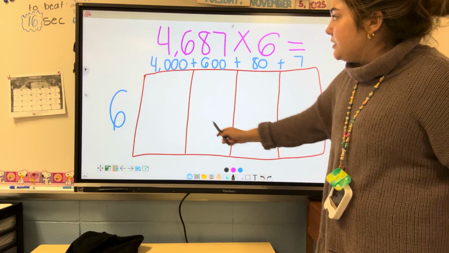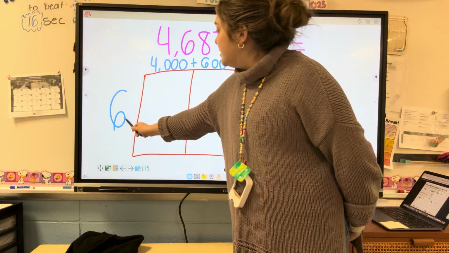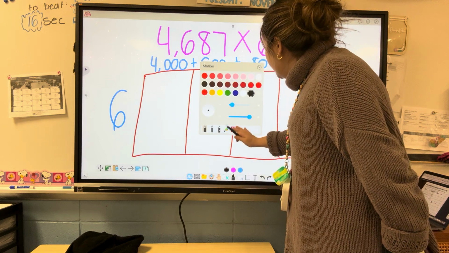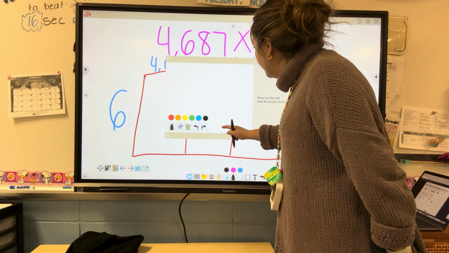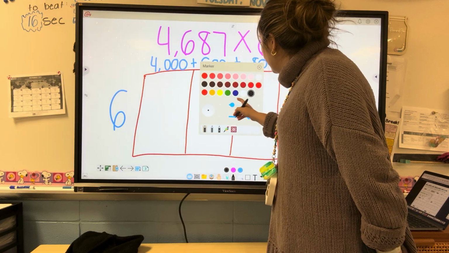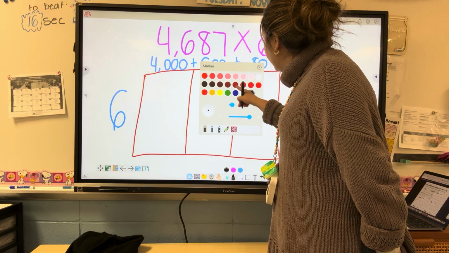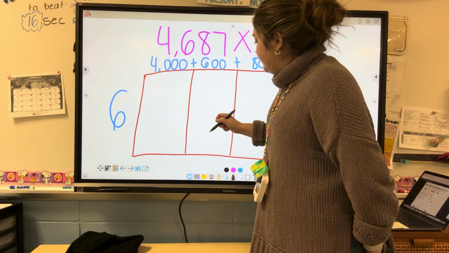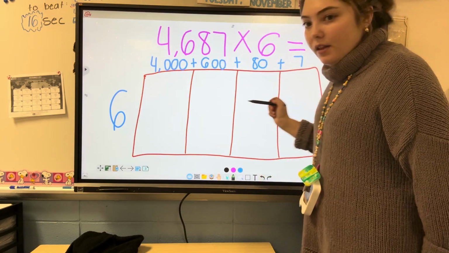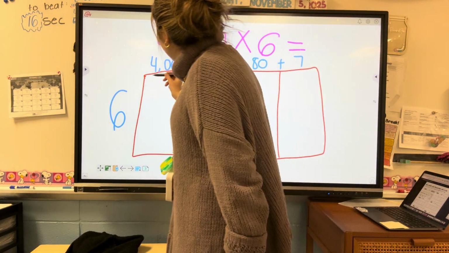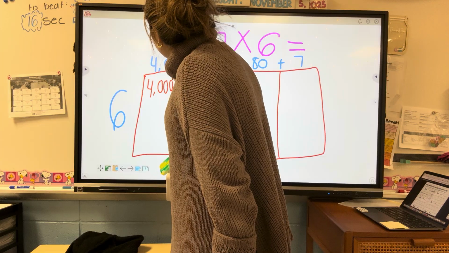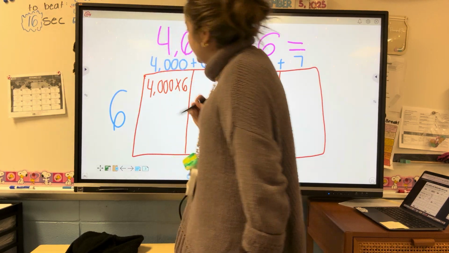Inside of this box, I'm going to do 6 times 4,000. So I'm going to change my color. Hold on. Okay, that didn't work. Okay, let's see if this works. I'm going to do 4,000 times 6.